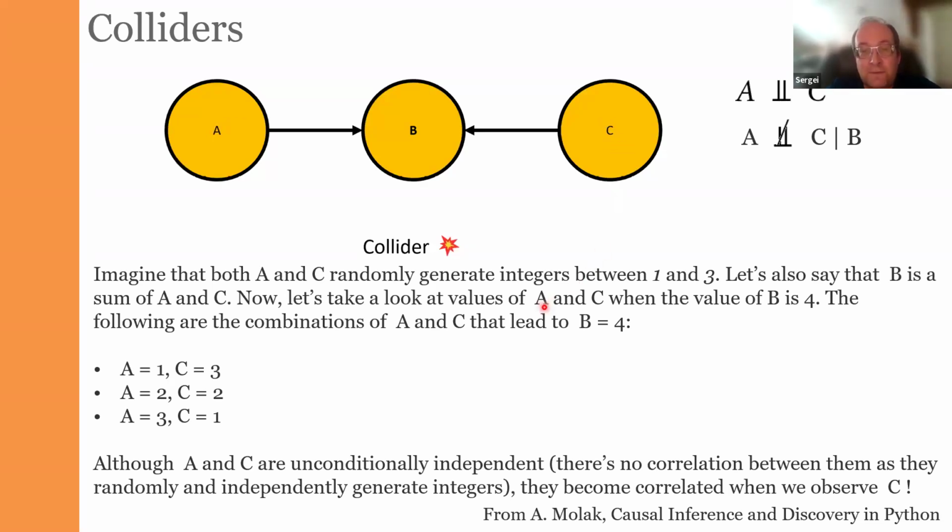But if we say that the sum of them is 4, they stop being independent. There are only three combinations that can give us 4, which means that even though A and C are not correlated, they become correlated if we observe B.